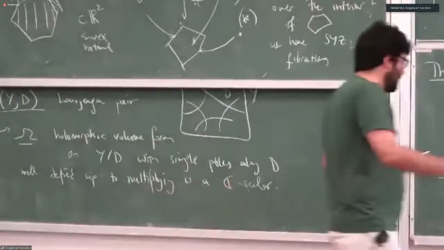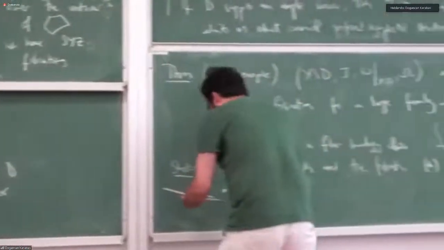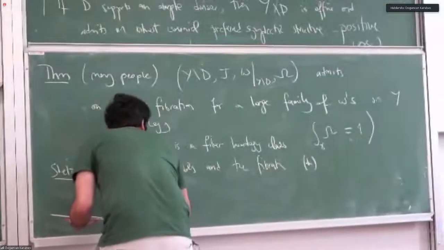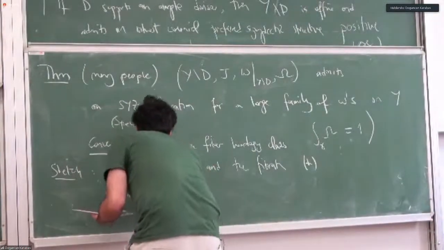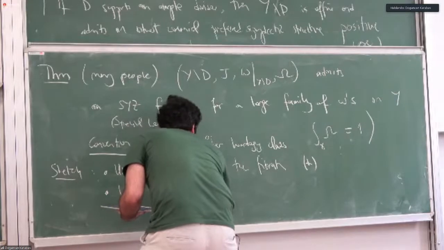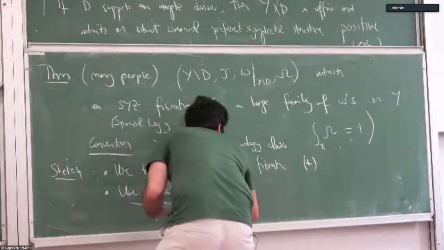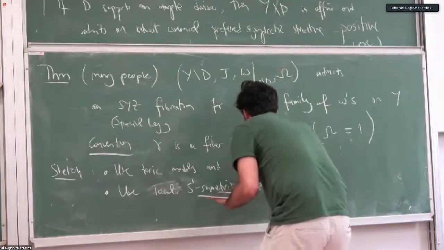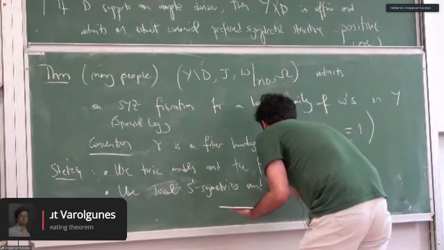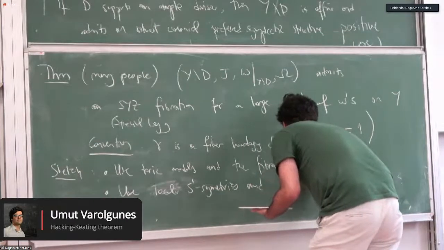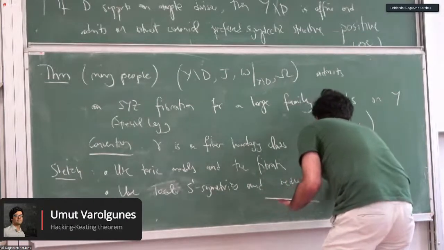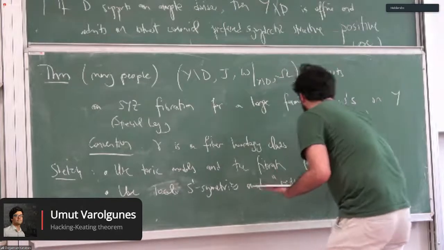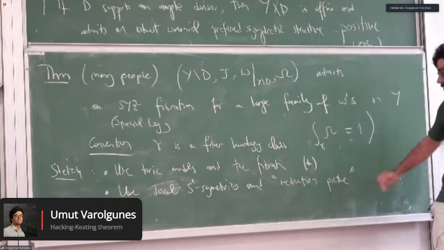Let me just write that. So use local S1 symmetries and the reduction picture. I have no time to get into this.